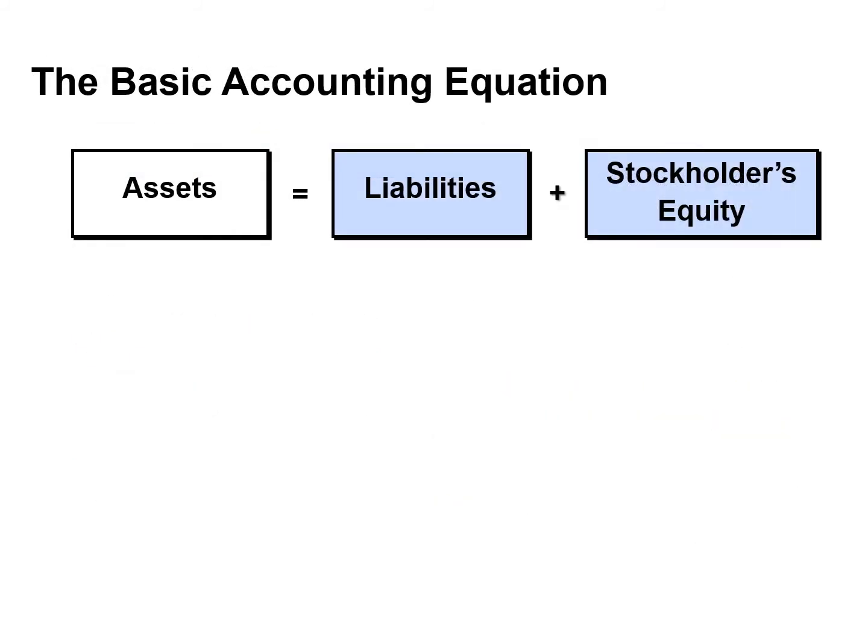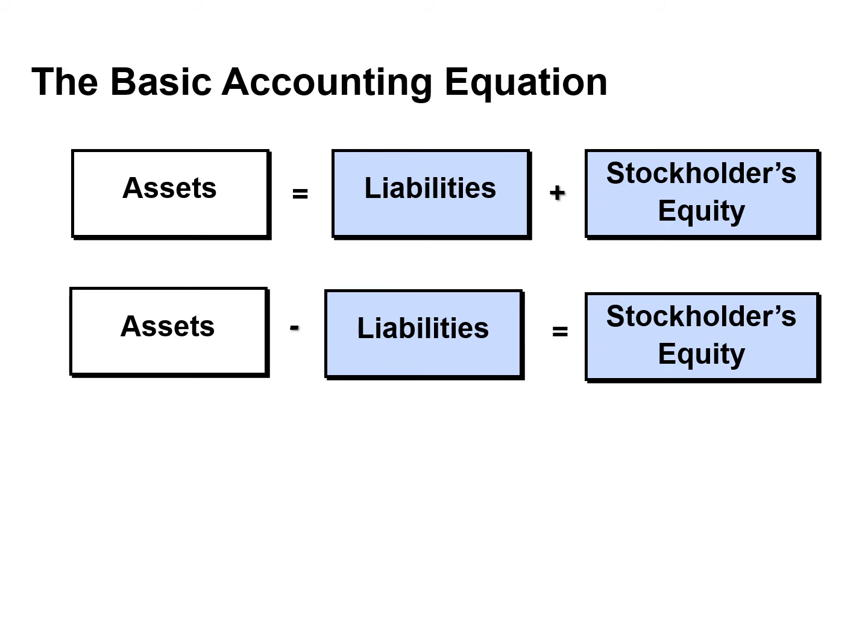The basic accounting equation, where assets equal liabilities plus stockholders' equity, is just an equation. The components can be moved in the same way the components of an algebraic equation can be moved. Let's talk more about stockholders' equity. It is equal to total assets minus total liabilities. The assets of a business are claimed by either creditors or stockholders.